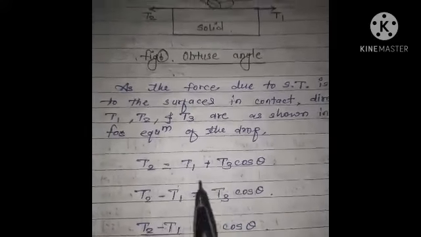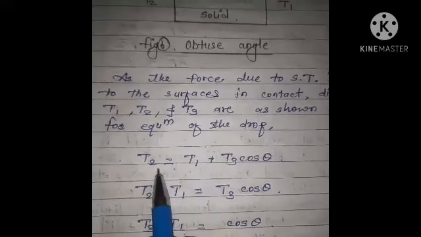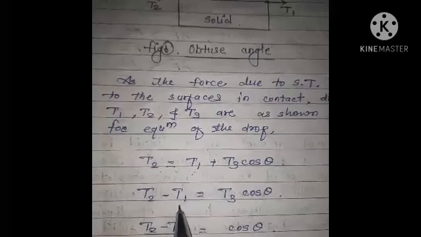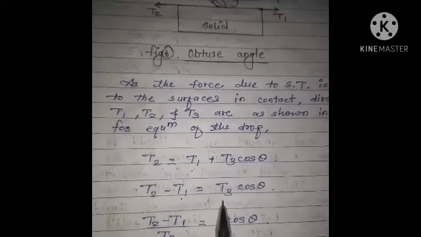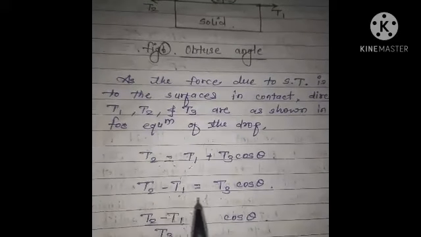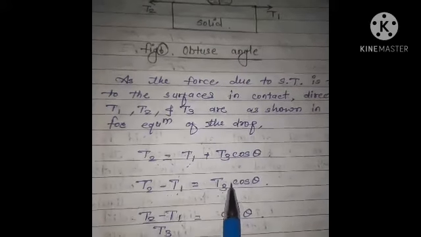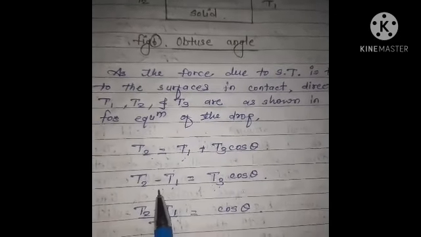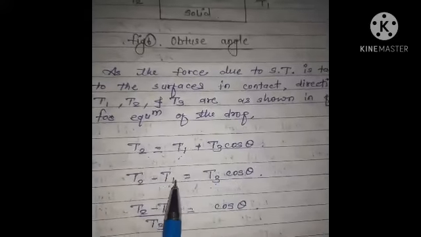So, we have taken this equation. From this equation, transfer this T1 to this side. This plus T1 becomes minus T1. And now this T3, transfer it to this side. This T3, in multiplication with cos theta, becomes a divisor of T2 minus T1.